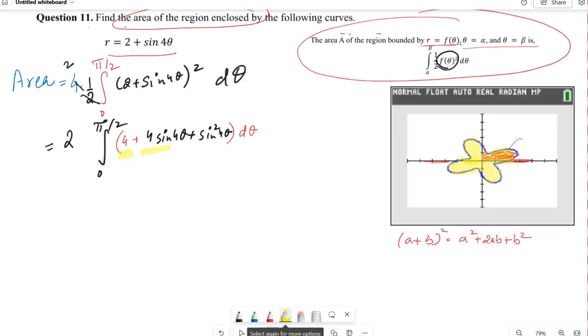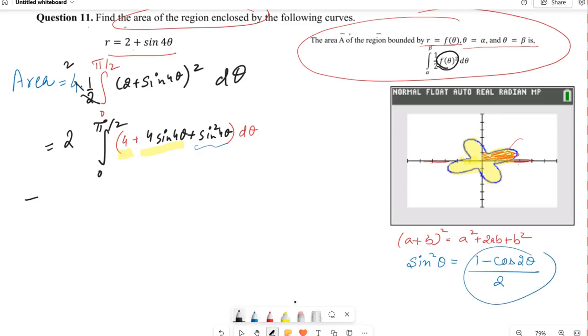Now we know 4 sine 4 theta is easy to integrate. The only problem is sine square 4 theta, which we don't have a direct formula for. So we can convert: sine square theta is 1 minus cosine double theta, by 2. So we can use this to integrate sine square theta. Let's work on it. 2 integral from 0 to pi by 2.